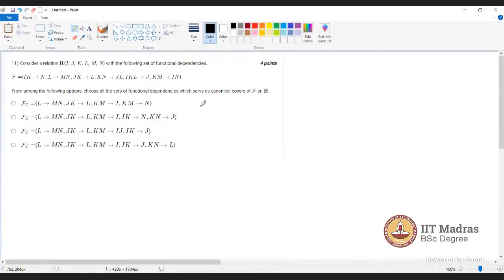Everyone got it? Okay, so we have to first find extraneous attributes.